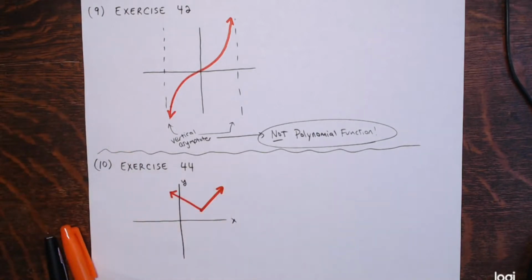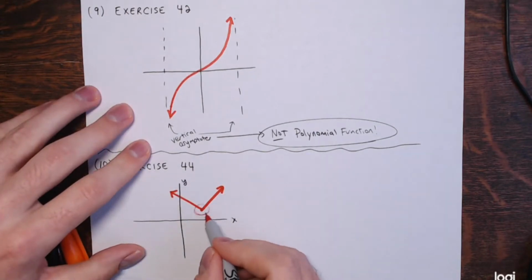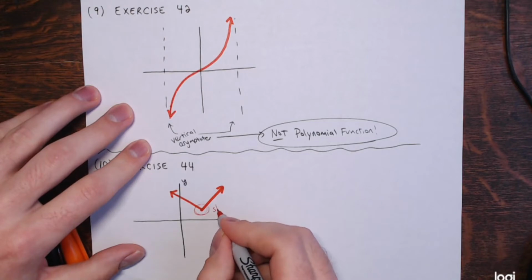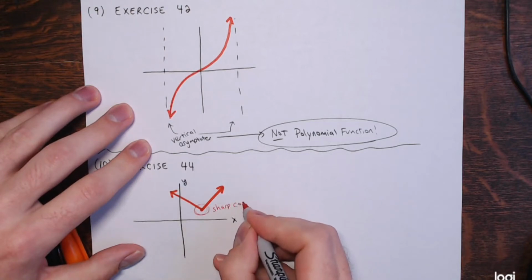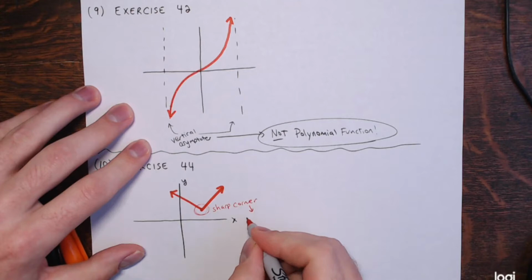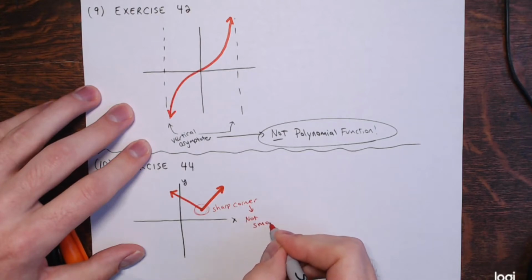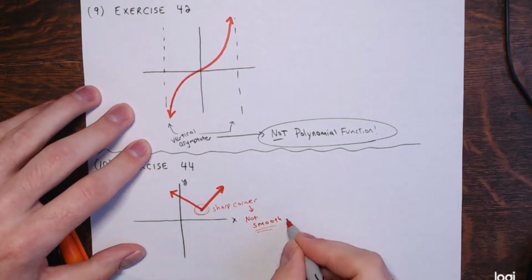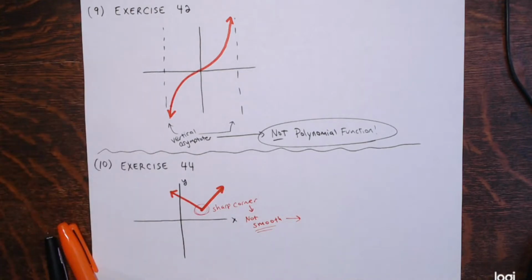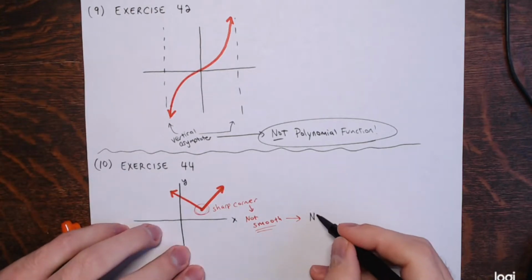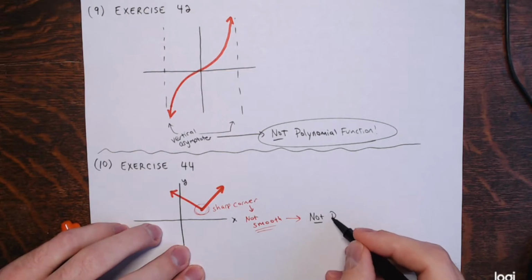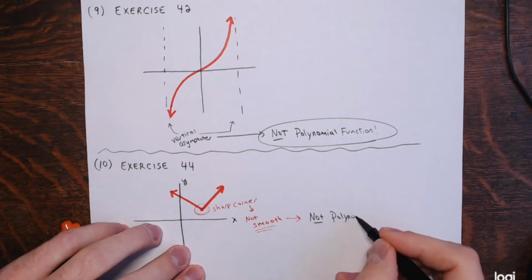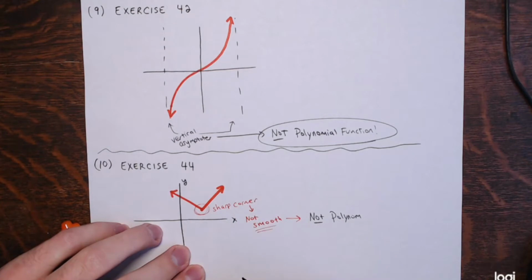You see this sharp corner right here, meaning the graph is not smooth. And if it's not smooth, then it can't be the graph of a polynomial function. Now that might be an absolute value function, right? You've seen absolute value functions before. But it's not the graph of a polynomial function.